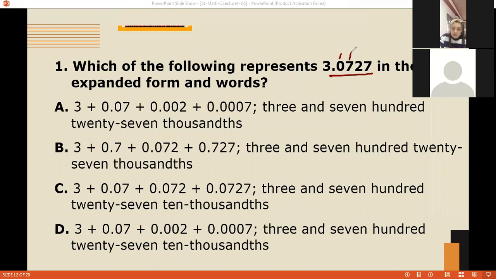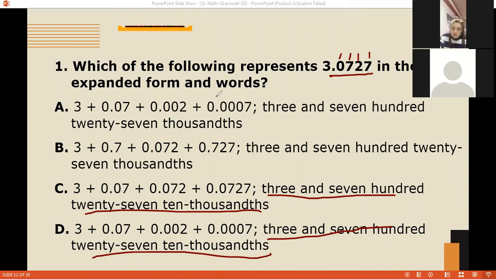Yes. Then this is hundreds, then thousands, then ten-thousandths. Excellent. So it's 3 and 727 ten-thousandths. So it's one of these, because those two word forms are not correct.